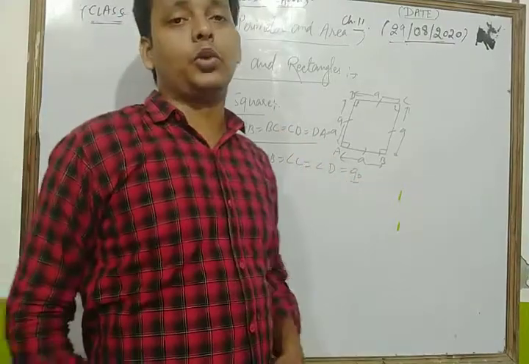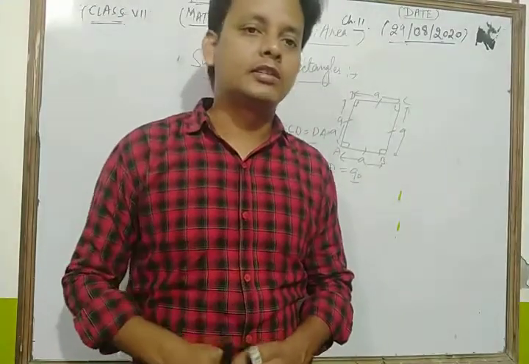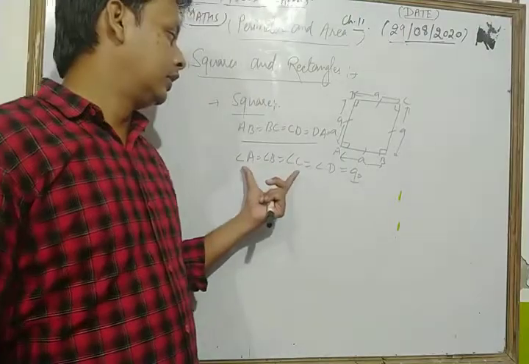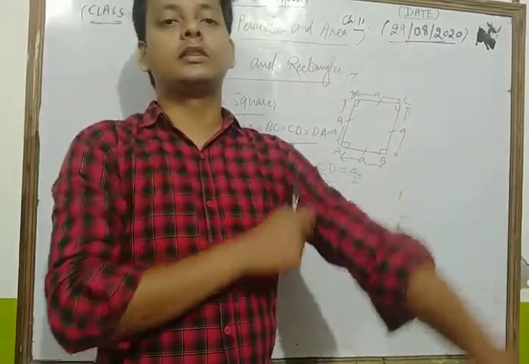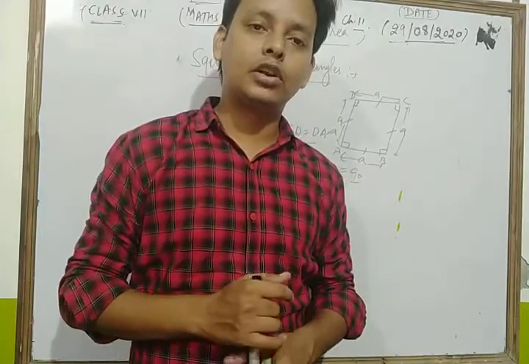A square is a type of quadrilateral in which all sides are equal and each angle is equal to 90 degrees. Now dear students, we are going to discuss the area and perimeter of a square.